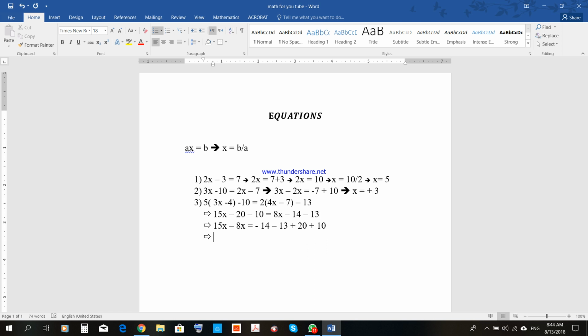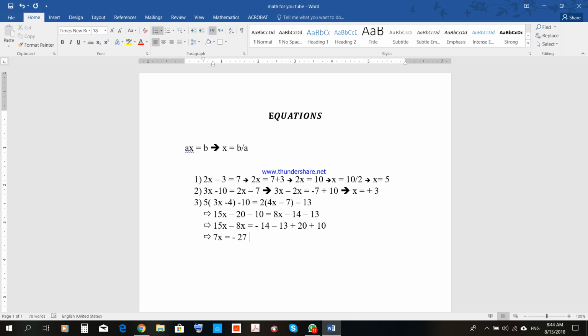Now subtract 15x minus 8x, it becomes 7x, equal, and now we have same signs and different signs. Here minus 14 minus 13 becomes minus 27. We add the negatives alone, and we add the positives alone.